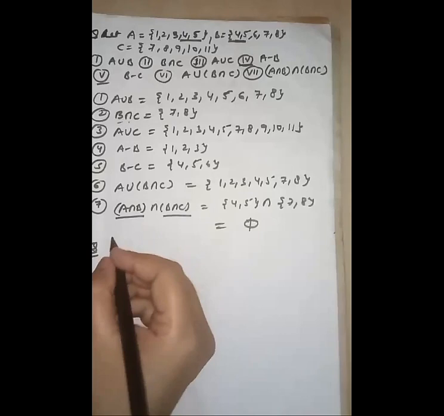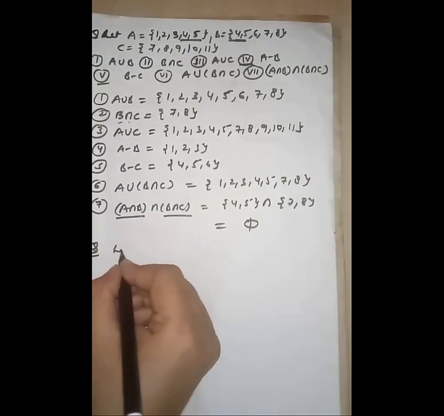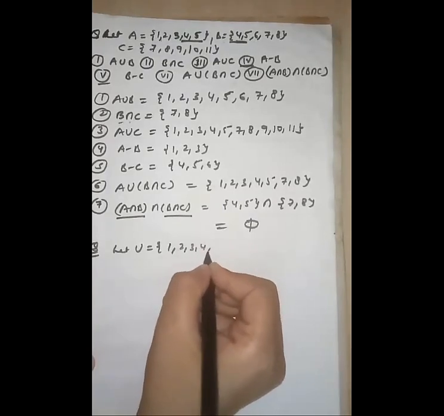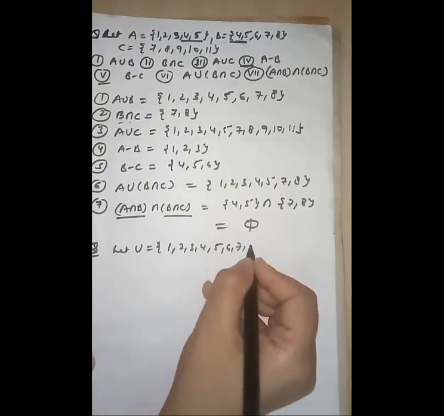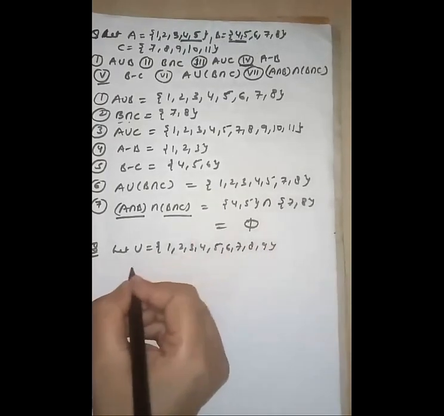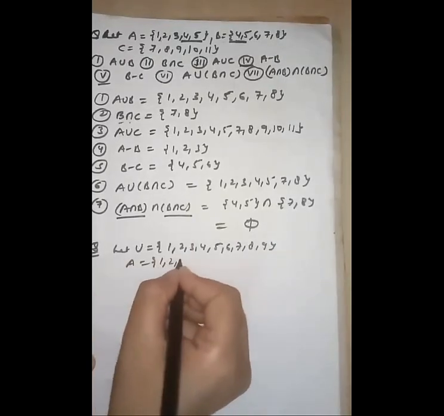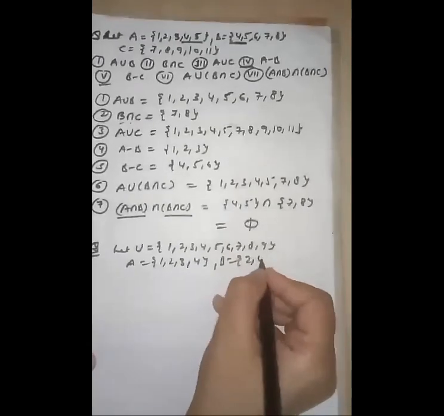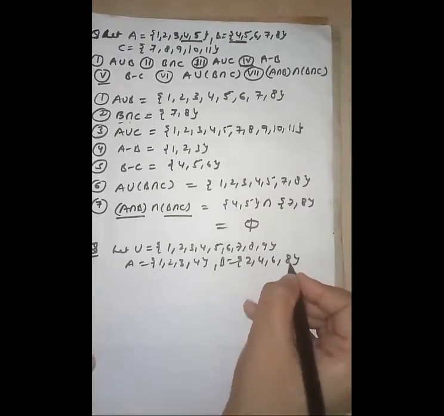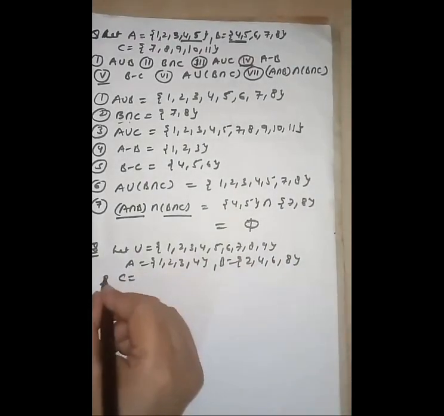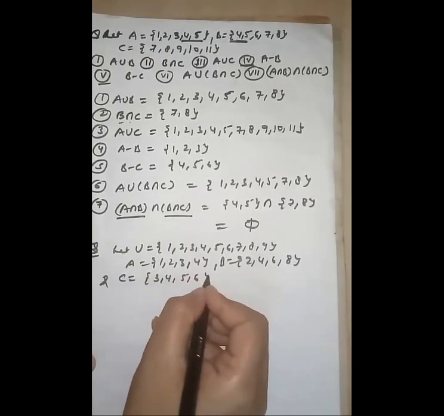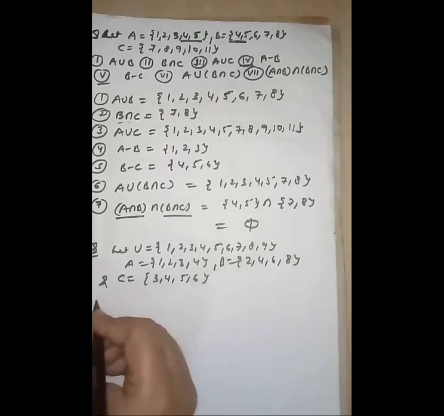Now taking second example, let universal set is 1 2 3 4 5 6 7 8 9. A is 1 2 3 4, B is 2 4 6 8, and C is 3 4 5 6.